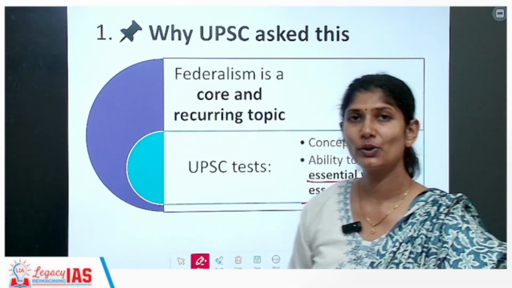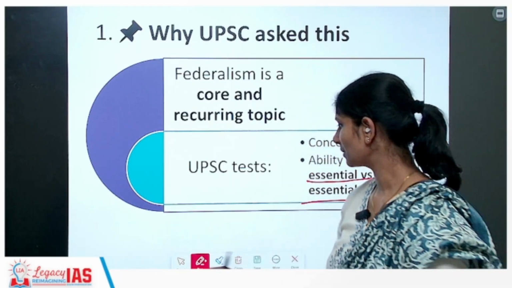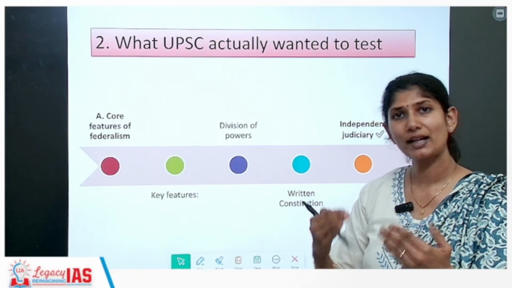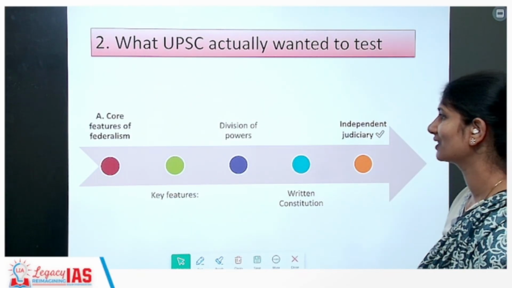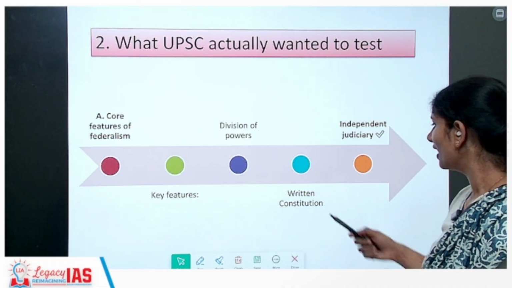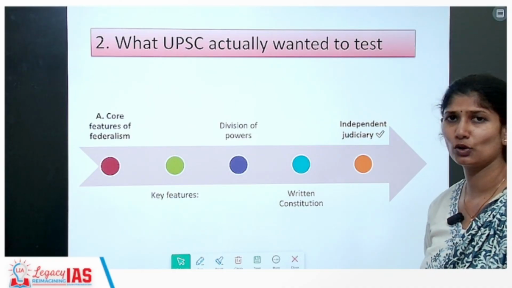That is what I told you. You have to pick the most apt. Understanding? Everything may seem correct, everything may seem wrong. But in that which seems more apt is why you have to pick this. Core features of federalism means things such as your division of power, written constitution, independence of judiciary. So these kind of things you have to look out for.